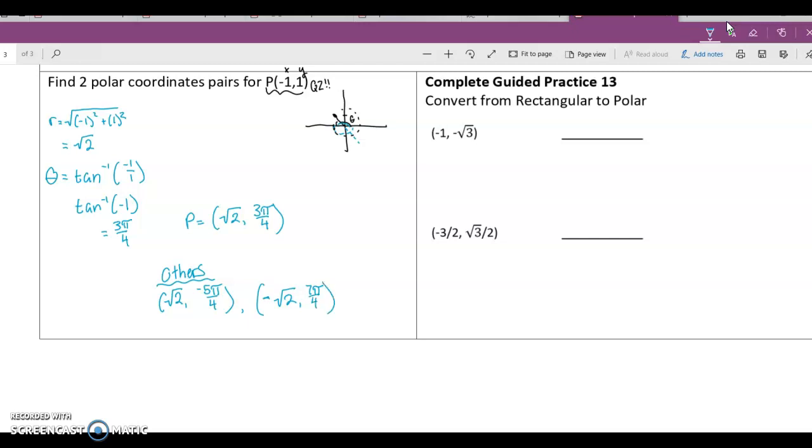And then we could also do the coterminal angle for 7 pi over 4, which is going to be negative pi over 4. So that would be if we started here and went clockwise. So my last way to represent this is negative root 2, negative pi over 4.